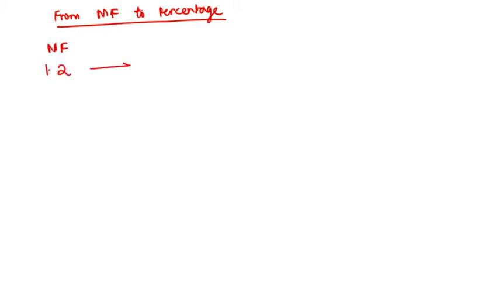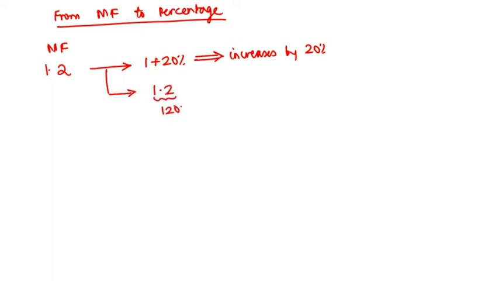What can you do? This is nothing but 1 plus 20%. So you can say this basically means increases by 20%. Or you can also say this is nothing but 1.2, which is nothing but 120%. So you can either say that increases by 20% or you can say 120%.